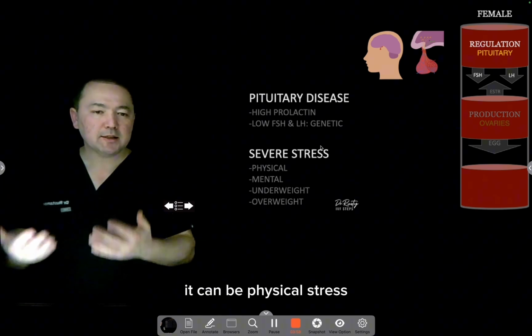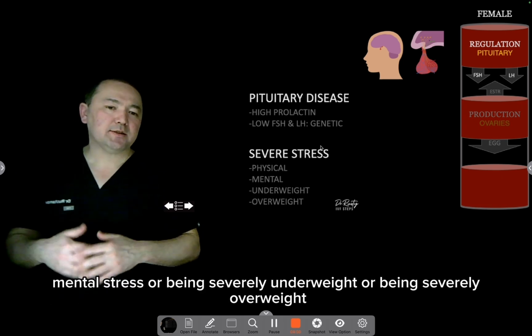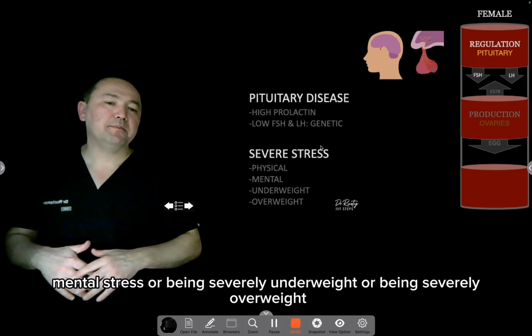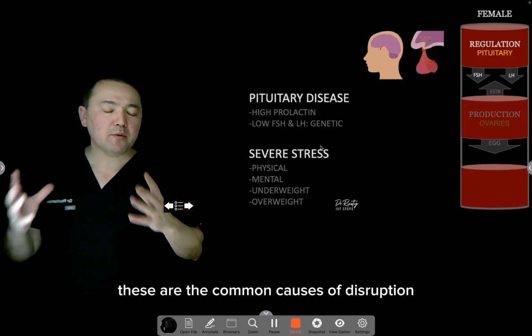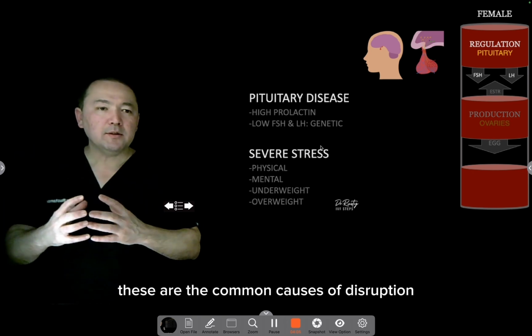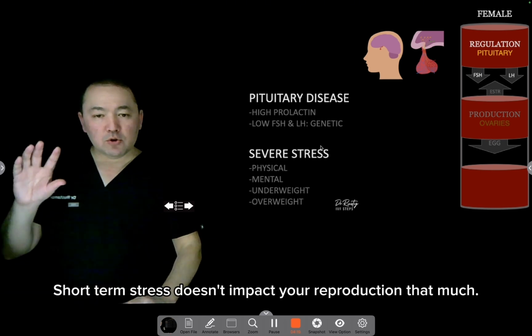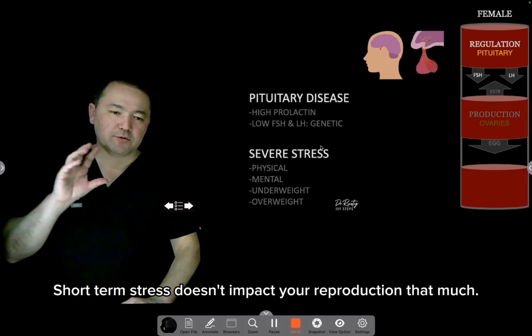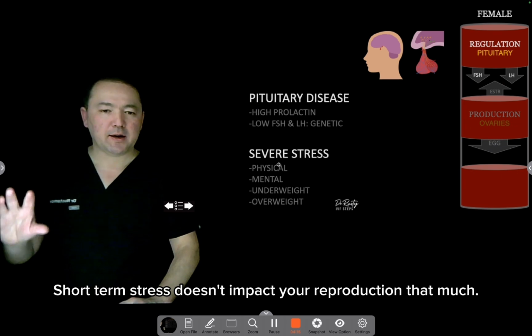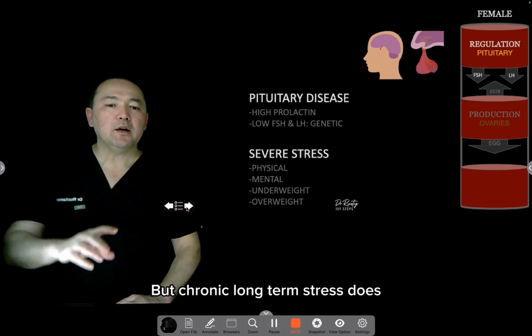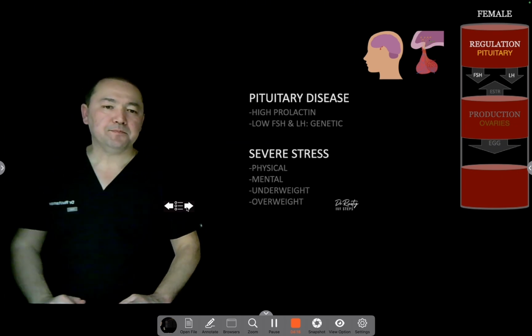It can be physical stress, mental stress, or being severely underweight or severely overweight. These are the common causes of disruption of regulation or production of FSH and LH. Short-term stress doesn't impact your reproduction that much, but chronic long-term stress does.